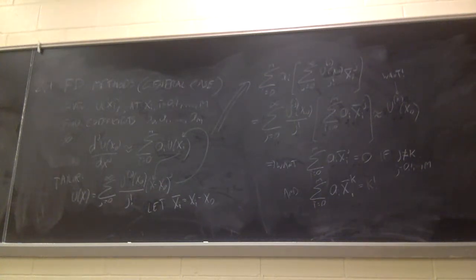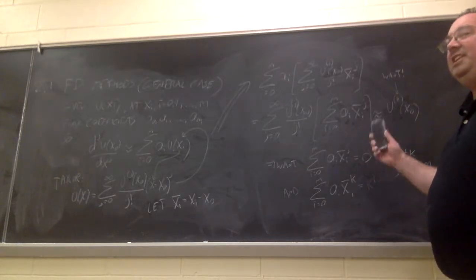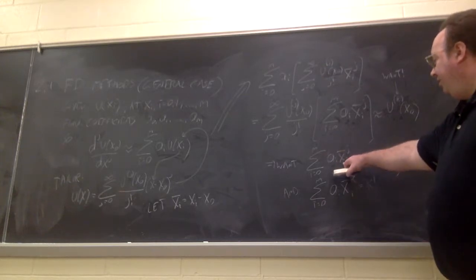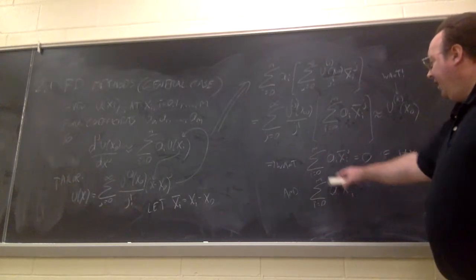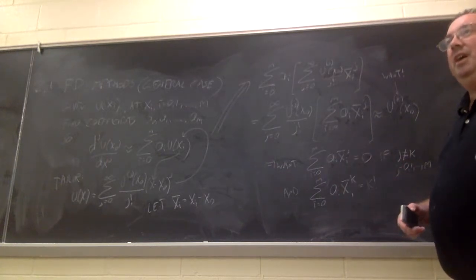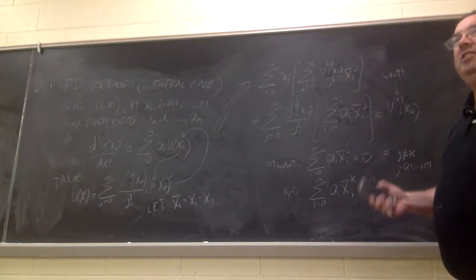Now, as seen last time with the example, these are m plus 1 linear equations. Even though the coefficients are nonlinear functions of x, at least the unknowns are involved in a linear way. So this is a system we can solve by Gaussian elimination or whatever.